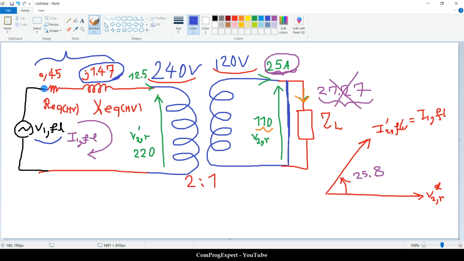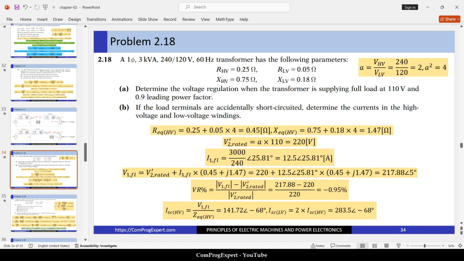If we have a very low internal impedance for the transformer, the value of the short circuit current will be high. So yes, when the value of the internal impedance is high, the value of the short circuit current is low, but at the same time we have a low efficiency for the transformer.